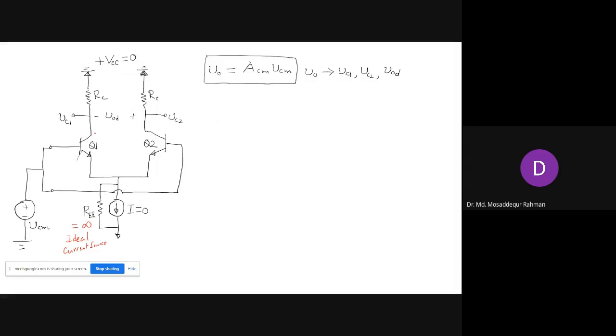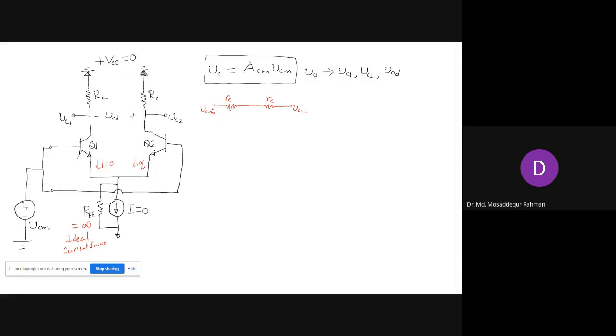Now, if this becomes completely open circuit, since you are applying the same voltage at both the input terminals, what happens? There will be no current flowing. Right? The I will be 0. The emitter current will be 0, because if you think about the small signal model, we have here RE and RE, we have here VCM, and also at this end you have VCM, right?